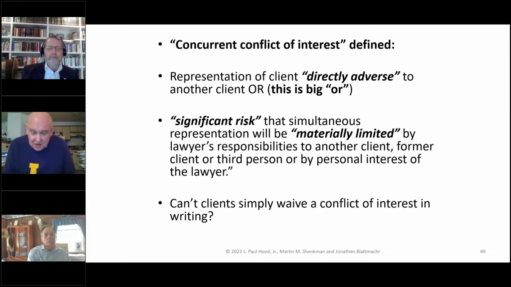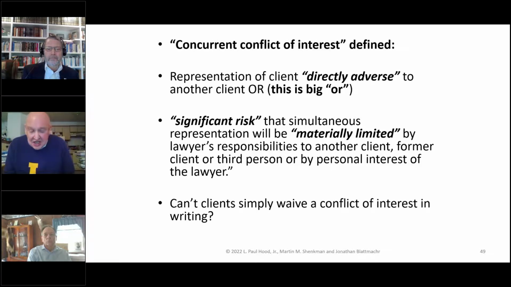Go to the next slide, Marty. On concurrent conflict of interest, the first one is easy if they're directly adverse, if they're actual parties, like Penoyer versus Neff. Penoyer and Neff are adverse. So you can't represent Penoyer and Neff in the same matter. But the or is the problem, and it's a big or.